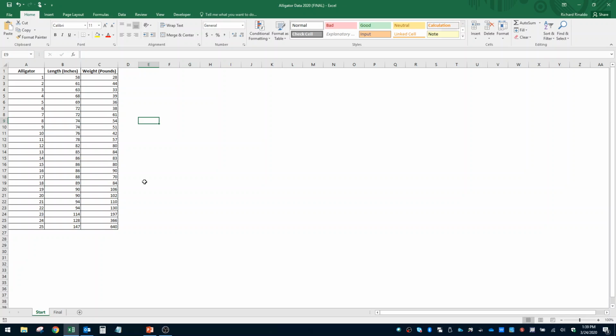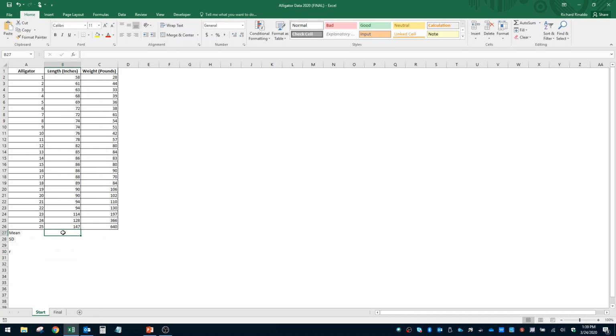So here we are. We have 25 alligators. The length of the alligators was measured, and the weight of the alligators was measured. So in terms of our best fitting line, I can put up the scatter plot. Oh, let's just do this, calculate our descriptives first. So I need my mean, my standard deviation, and I need my correlation.